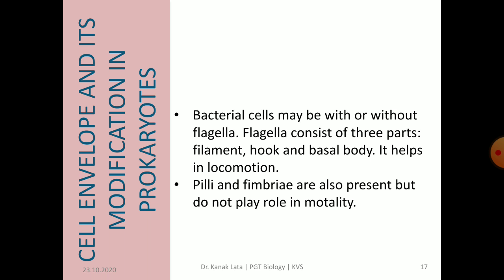Flagella consist of three parts: filament, hook and basal body. Flagella help in locomotion. Besides flagella, pili and fimbriae are also present on the surface of the bacteria. So they are also called surface structures, but they do not play a role in movement. Only the flagella play a role in locomotion.